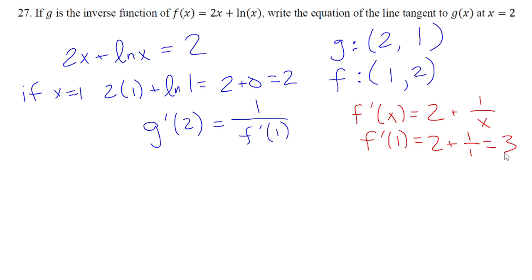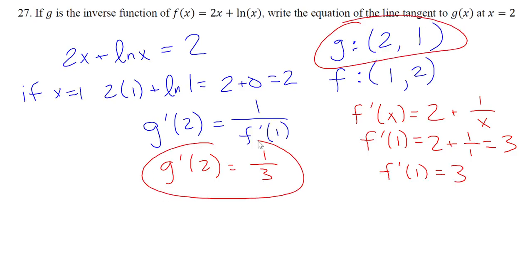So f prime of 1 is equal to 3, which means that g prime of 2 is equal to 1 over 3. Well, now we've got the point for g and the slope. So we'll just write our equation in point-slope form. y minus 1 equals 1/3 times (x minus 2).